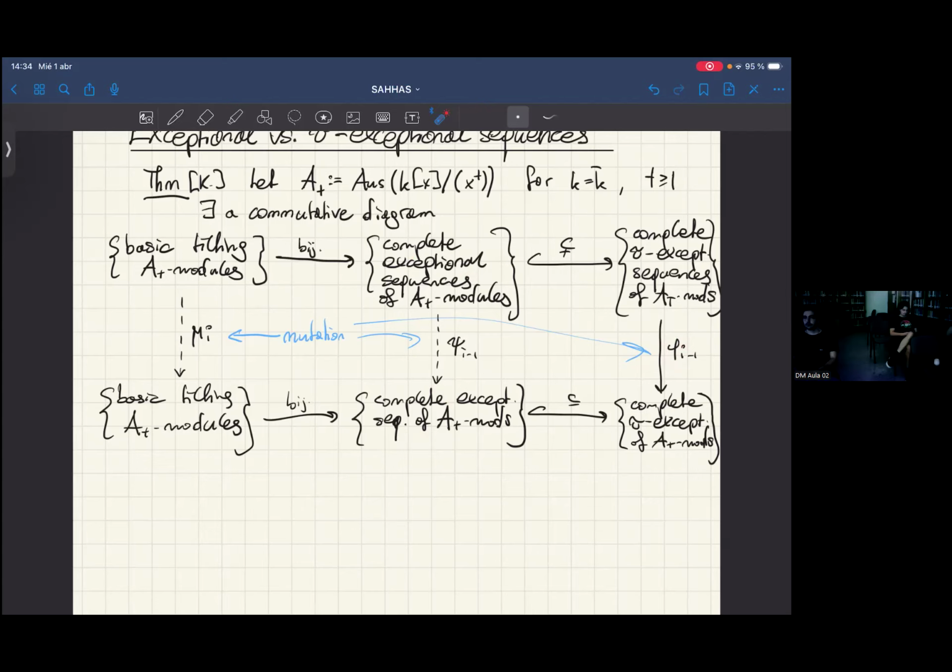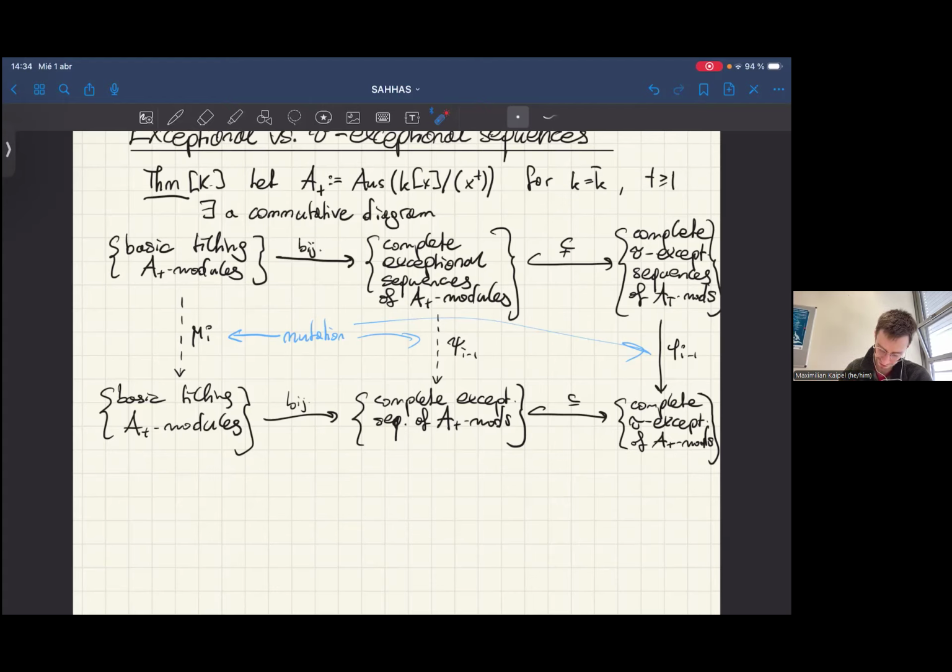But my question is, suppose that you don't know anything, you don't know whether psi exists or not, but you do know phi exists. And it turns out that whenever you apply phi to a complete exceptional sequence, you get a complete exceptional sequence just by chance. But sorry, this is not true. You have to apply it in the right place.